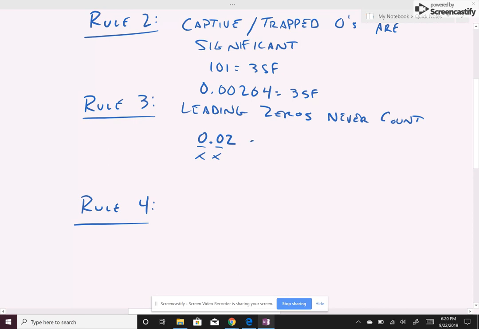In this case, only the 2 is, so this only has 1 significant figure. Just like if we had another number like 0.0056, all 3 of the zeros in front here are not significant, only the 5 and the 6 are. And so that means that this is 2 significant figures.